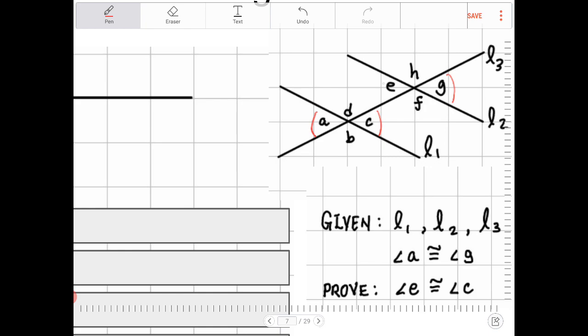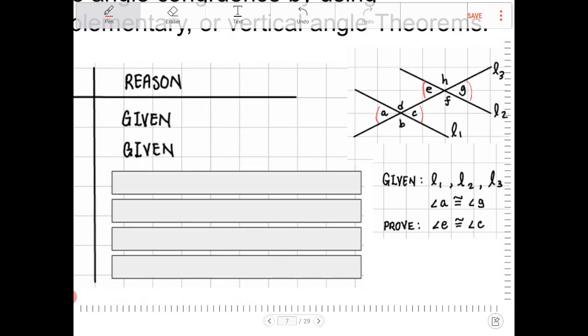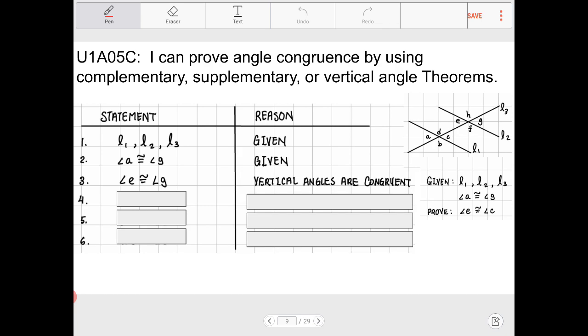If G has one tick mark, E therefore must have one tick mark as well. So this is true. A is congruent to C and E is congruent to G is true because those are vertical angles. So line 3, what I can say is angle E is congruent to angle G because of vertical angles. And I can also say that angle A is congruent to angle C because of, again, very similar reasons, because vertical angles are congruent.